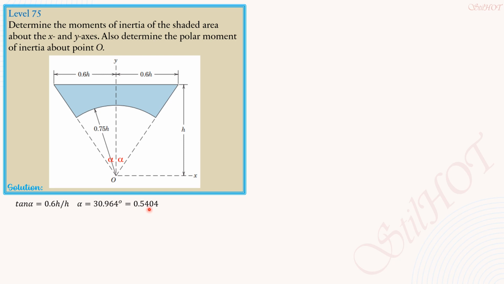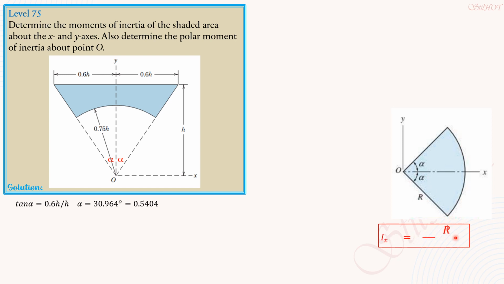The orientation of the sector is in this manner, and this x-axis happens to be the y-axis in this orientation, and the y-axis is the x-axis in this orientation. So Ix is equal to r to the fourth over 8 times the quantity 2 alpha minus sine of 2 alpha, if you can recall.